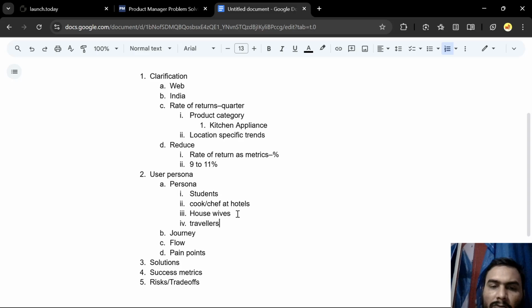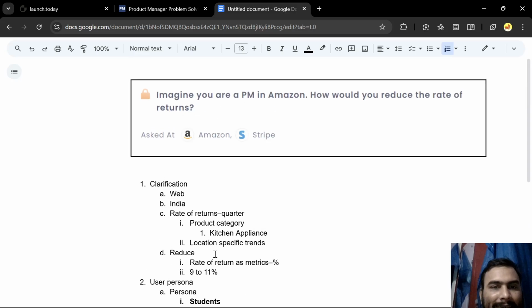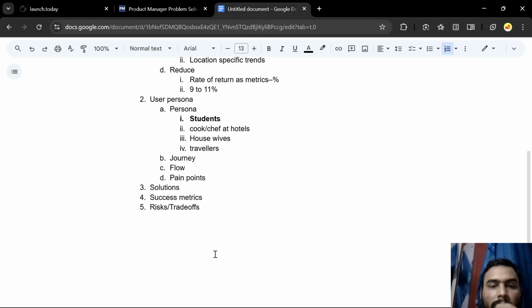Now, in all these, I would like to choose the student one, and then we can think about their journey and some of the pain points that they face. Why I'm choosing the student is that this is a very niche category and one that can grow into a long-term customer base for us if we focus on the specific pain points they are facing.